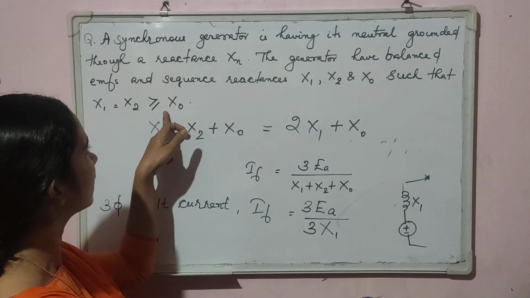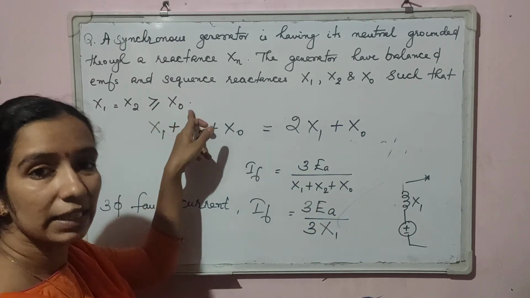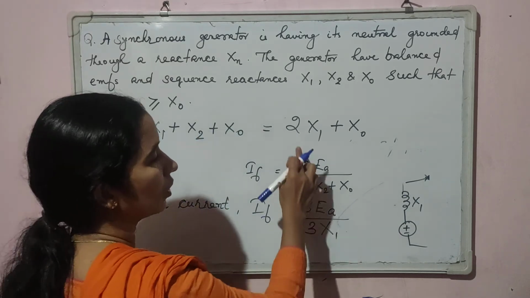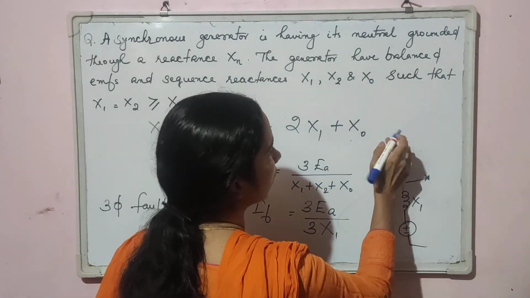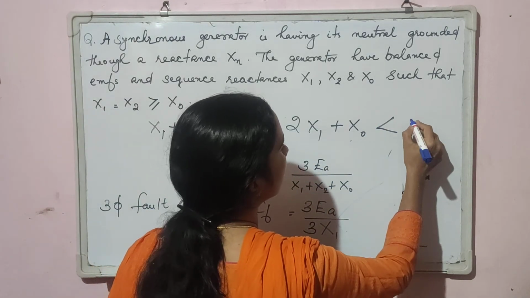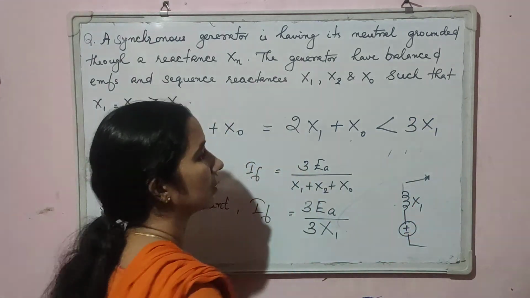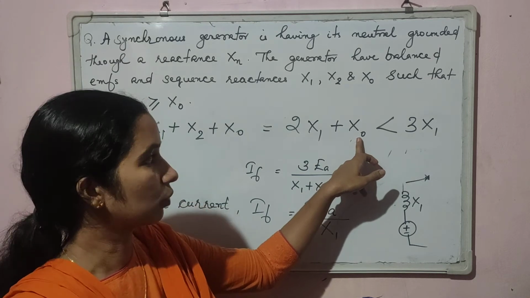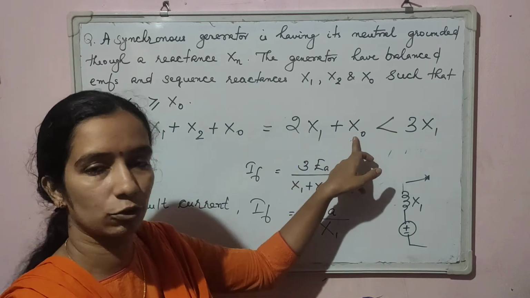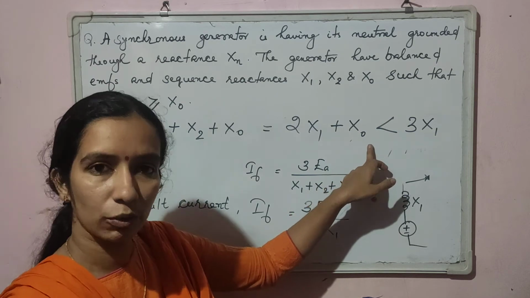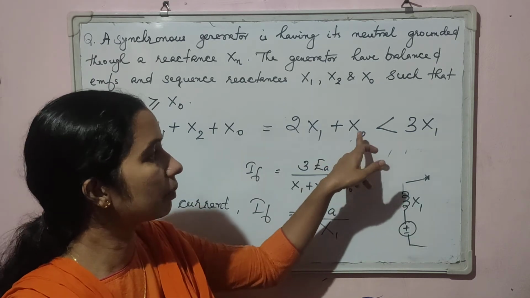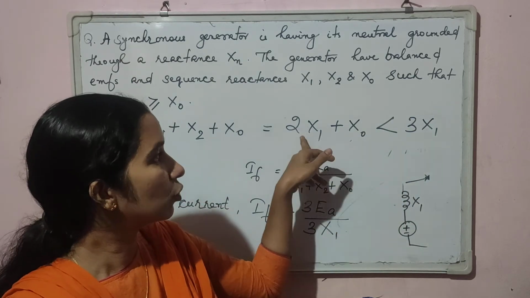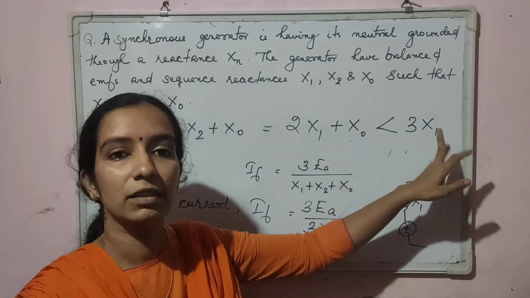It is given that X1 and X2 are greater than X0, or X0 is less than X1 and X2. If X0 is equal to X1, we can write 2X1 plus X1 equal to 3X1. But as X0 is less than X1, 2X1 plus X0 will be less than 3X1.